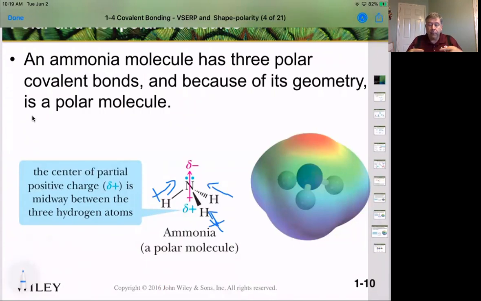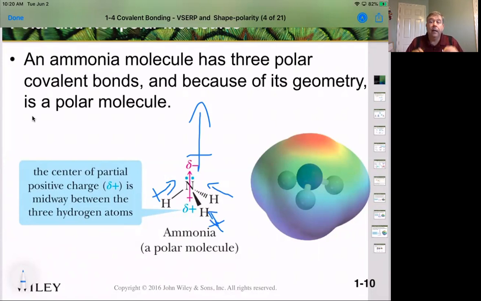Now, the linear components that point toward the nitrogen all cancel each other out because they're each 109 degrees apart. So the only component that goes up toward the nitrogen, we add all 3 of those together, and we end up with a net dipole of the molecule facing up toward where the electrons are sticking out, okay?